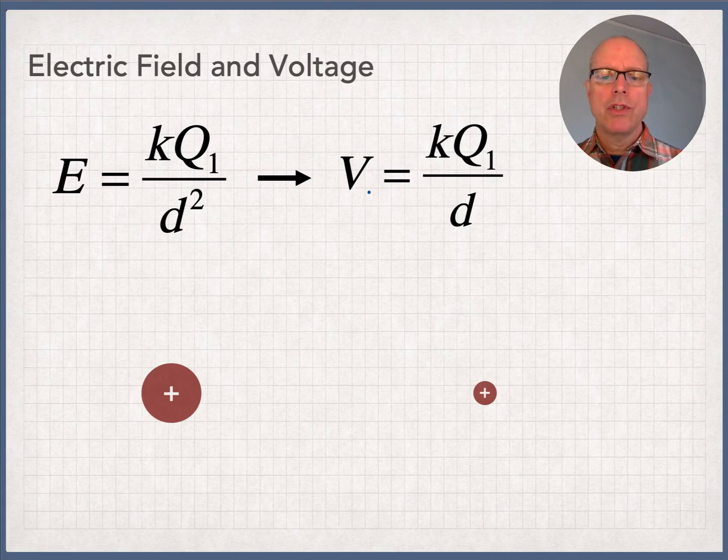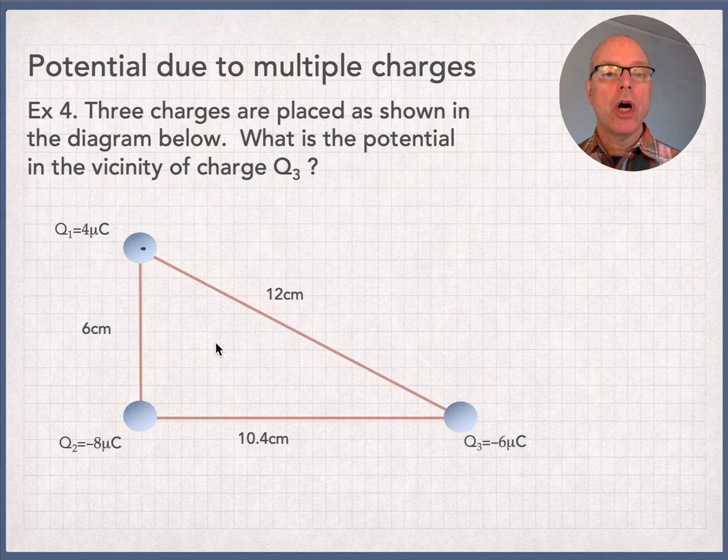So here's an example. This was a hard example when we worked with force and when we worked with electric field. Let me show you how easy it is now. We've got 3 charges in something like the triangle of torture, but it becomes the triangle of trivia. What's the potential created by these guys in the vicinity of Q3? Well, here's how easy it is.